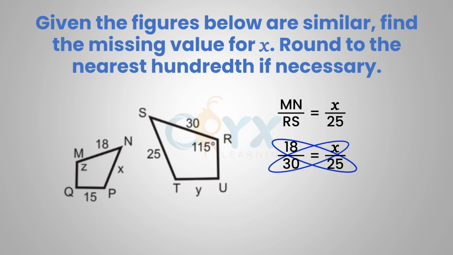Cross multiplying to solve, we get x times 30, or 30x, equals 18 times 25, or 450. So 30x equals 450. Dividing both sides of the equation by 30, we'll get x equals 15.